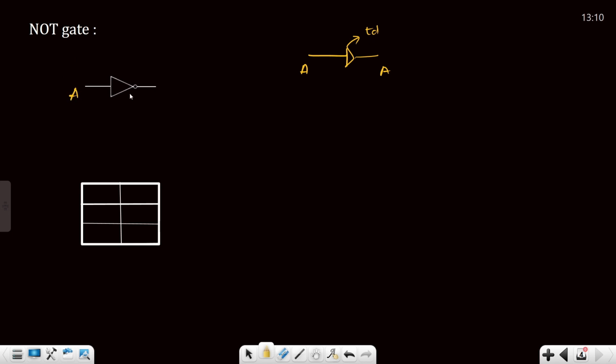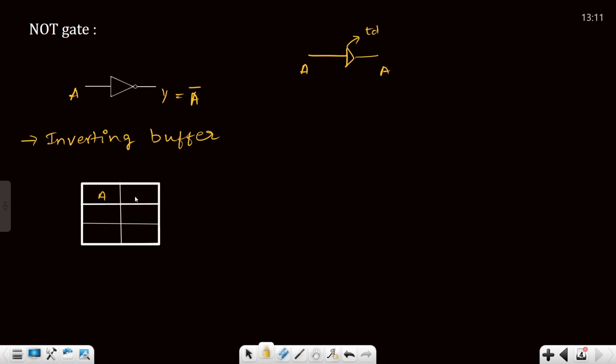So if I have A, my output Y will be equal to A. If it is A bar, this is a NOT gate. So the difference between a buffer and a NOT gate is that the NOT gate gives the complement of the input. So we can also call the NOT gate an inverting buffer. NOT gate is also known as an inverting buffer.